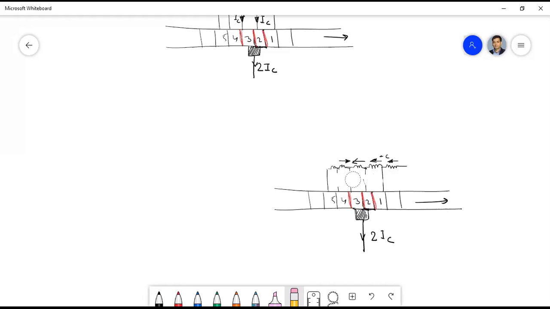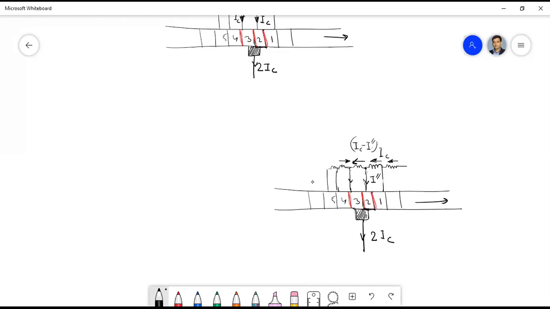So let me erase this. Here also the current will flow, but the direction will change. Let us take that some I double prime current is flowing in this path. Then IC minus I double prime current will flow in this path.